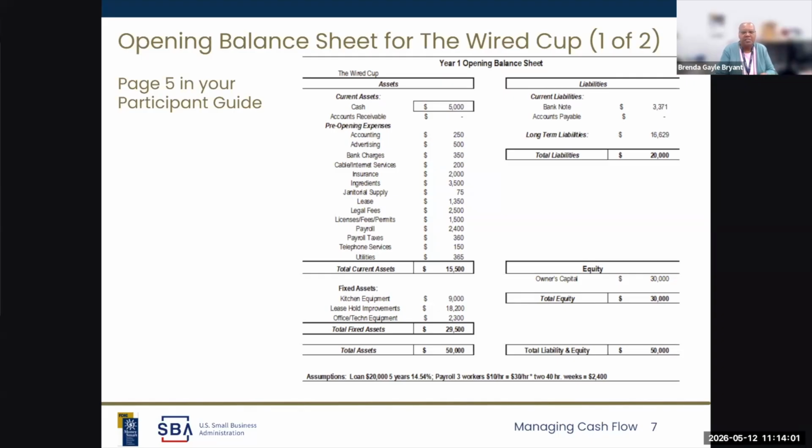They must balance. That's why it's called a balance sheet. Assets always have to equal liabilities plus equity. Or just like in algebra that we learned, we can move that stuff around. We can say assets minus liabilities will equal my equity.